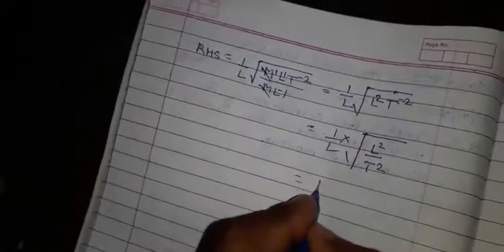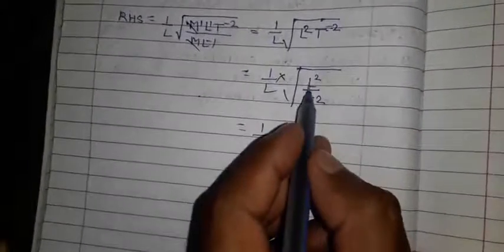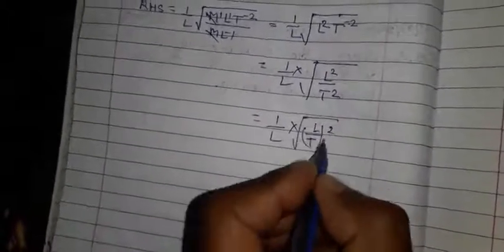Okay, so 1 by L into, if we solve, L by T, and the power is square and this is the root, so the root cancels this power, and it becomes 1 by L into L by T. So L cancels, and 1 by T, or we can write T inverse.